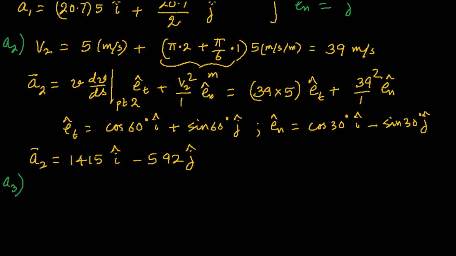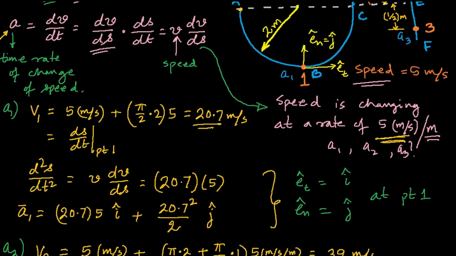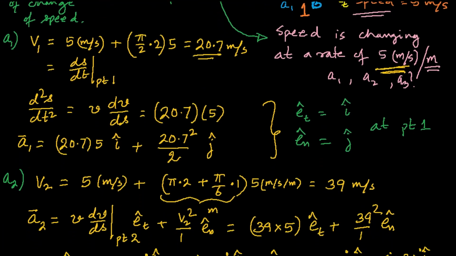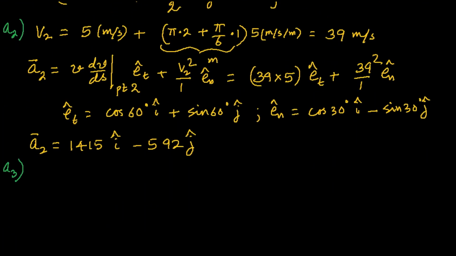Now for a3, this term doesn't contribute anything, because r is infinite anyway, so only this term we have to calculate, and that is nothing but a3 equal to d square s over dt square, and et which is nothing but negative of j cap.